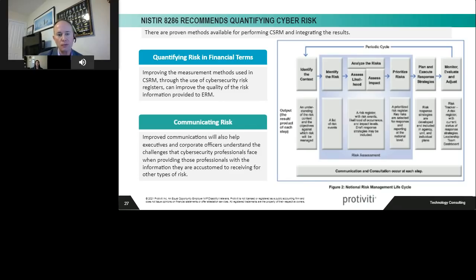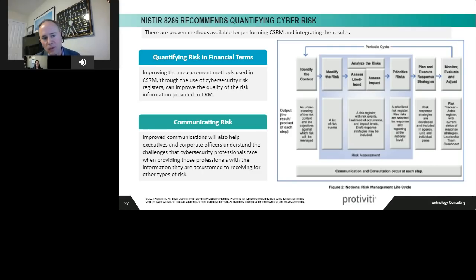And they've got this same sort of cycle that everybody runs through: identifying the context, identifying the risk, assessing it, prioritizing risks, executing risk response, and monitoring, evaluating, and adjusting reporting on this. The point is, how we communicate these things matters. And improving these communications can help executives understand the world that the cybersecurity people live in.